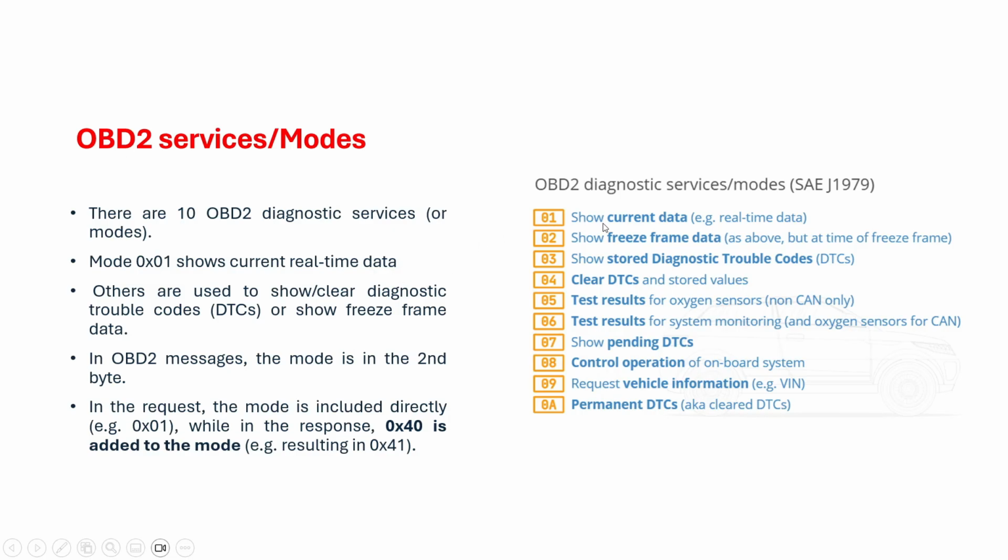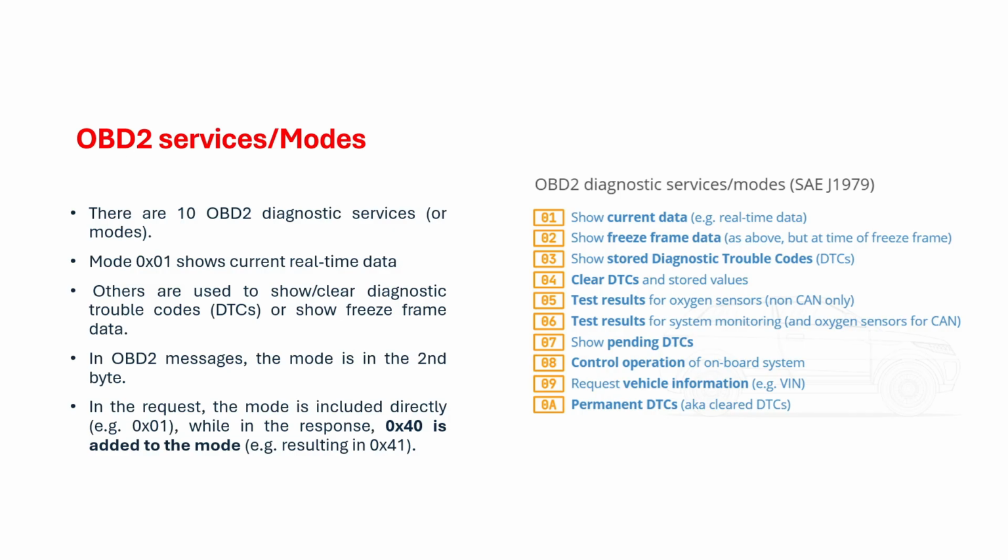If you want to extract the current real data from various units of the vehicle, you have to send the frame with mode 01, and mode 2 is used to show the freeze frame data.